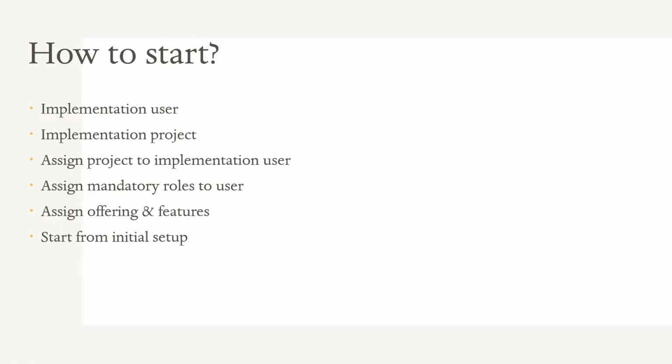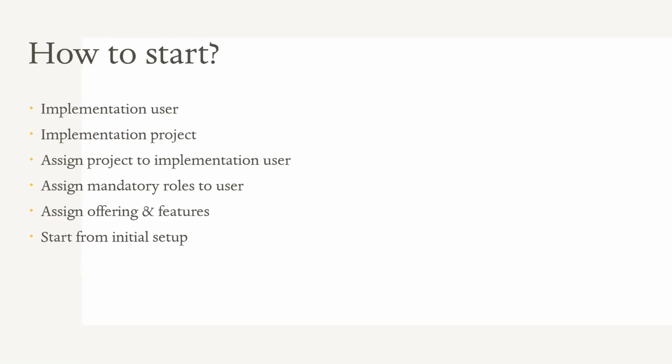So what are the minimum steps we need to create an implementation project or to start with the configuration? First, we need to create an implementation user. Then we need to create a project. Then we assign the project to the implementation user we created in the first step.